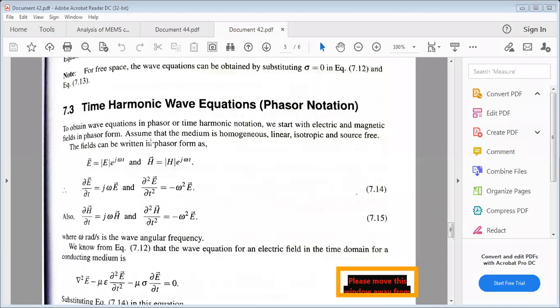Assume that the medium is homogeneous, linear, and isotropic. Already you know each and every term.